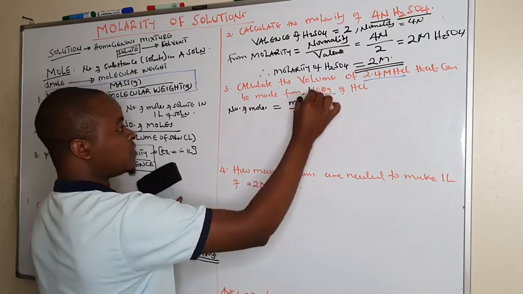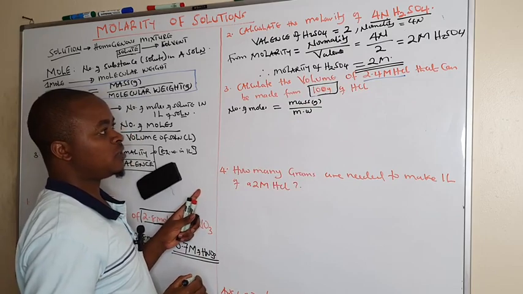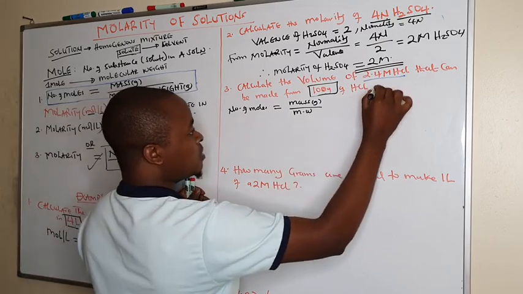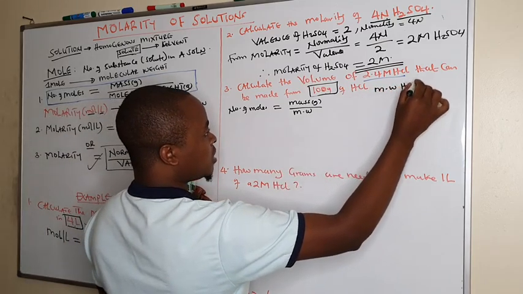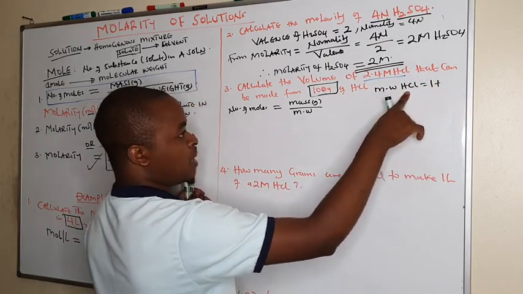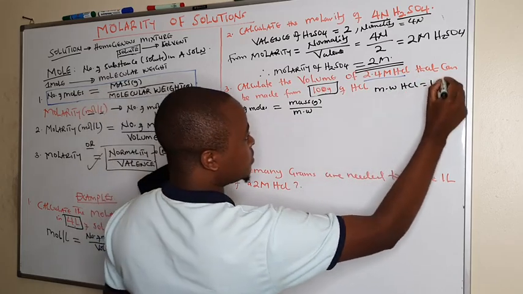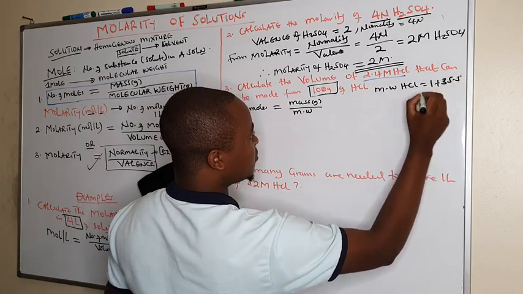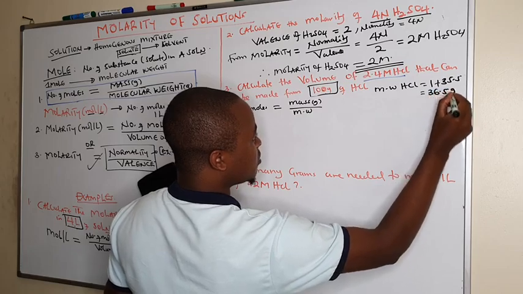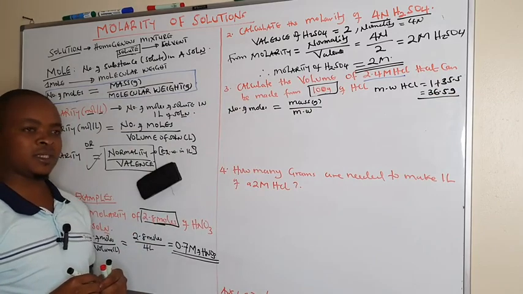The mass is given in grams, and the molecular weight of hydrochloric acid can be calculated: the atomic mass of hydrogen is 1, whereas the atomic mass of chlorine is 35.5, and I get 36.5 grams as the molecular weight of hydrochloric acid.